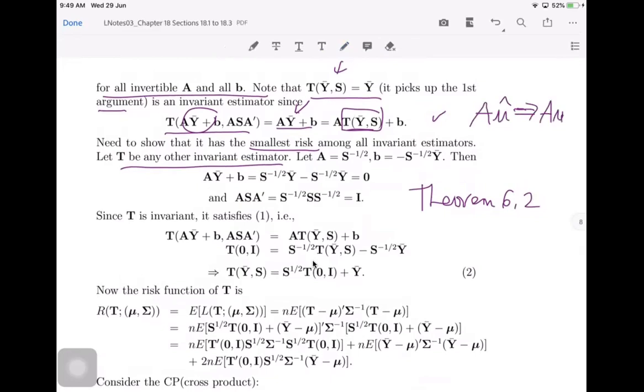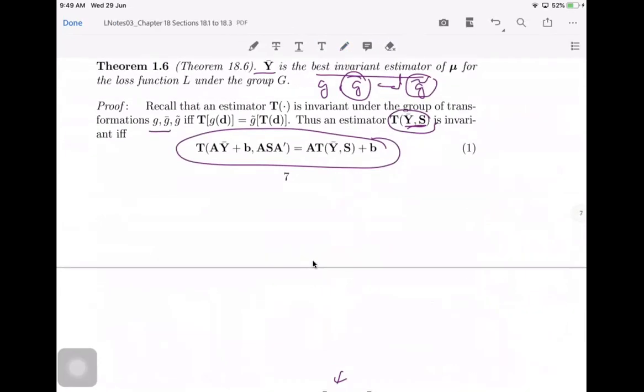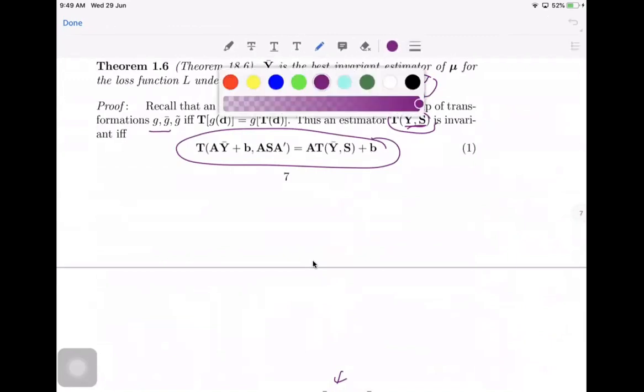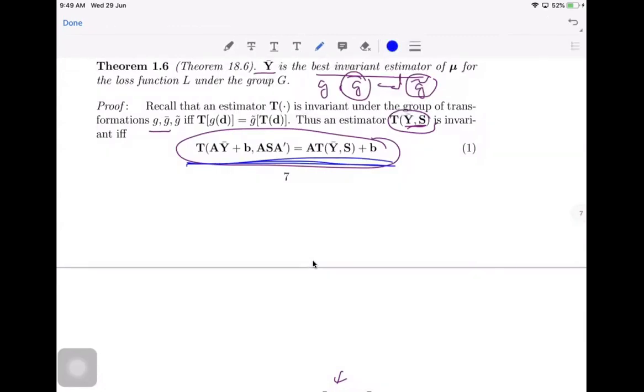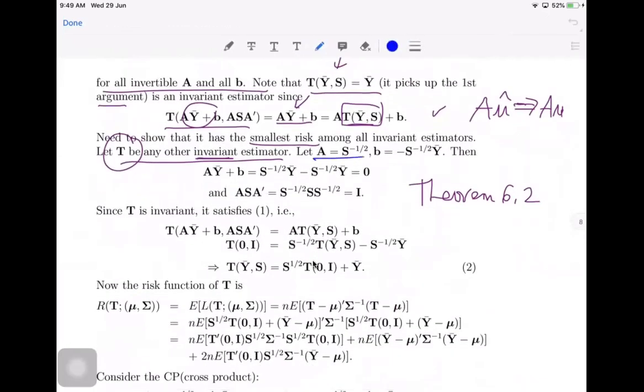You will have another competing estimator T, which is invariant, meaning it satisfies this condition. To satisfy that condition, you have to define some A and B here and do some manipulations so that T of Y bar, S will be a function of this.